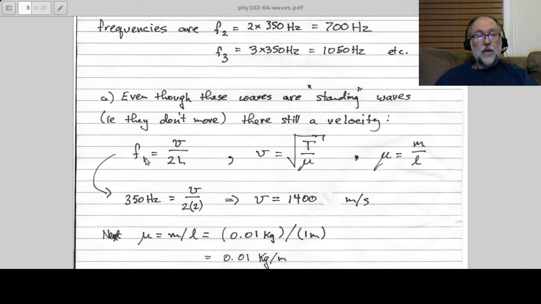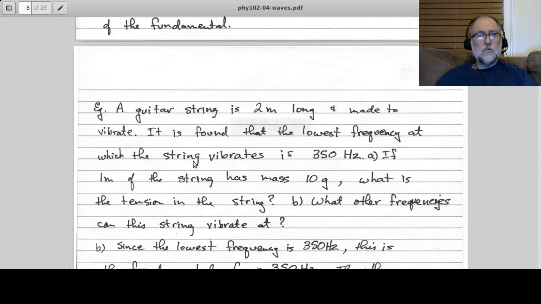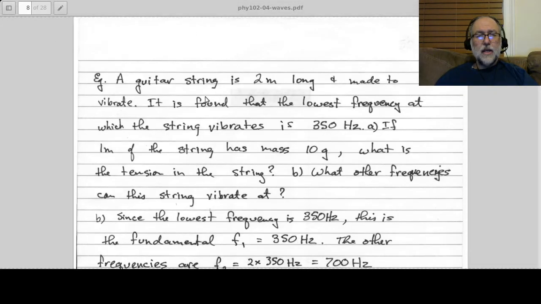All right, so we know that the fundamental frequency here is 350 hertz. Okay, and we don't know the velocity. All right, we're trying to find the tension, but to get the tension, we want the velocity, but we don't have the velocity. So if we look here, we don't have the velocity, but we do have the length. Okay, and I don't know if I was totally clear in this problem, but I say a guitar string 2 meters long is made to vibrate.